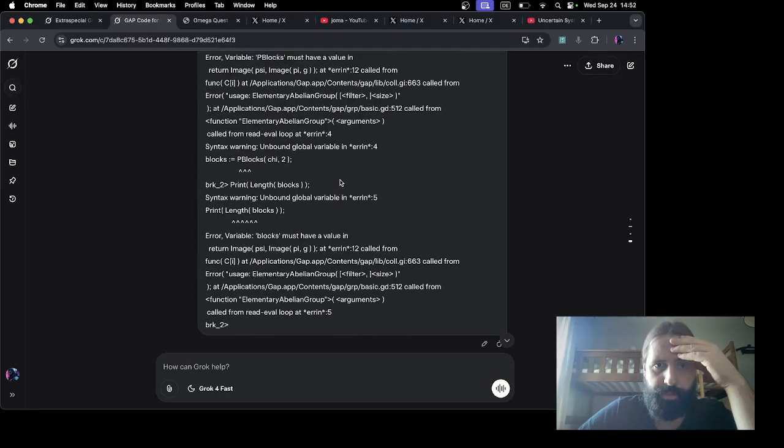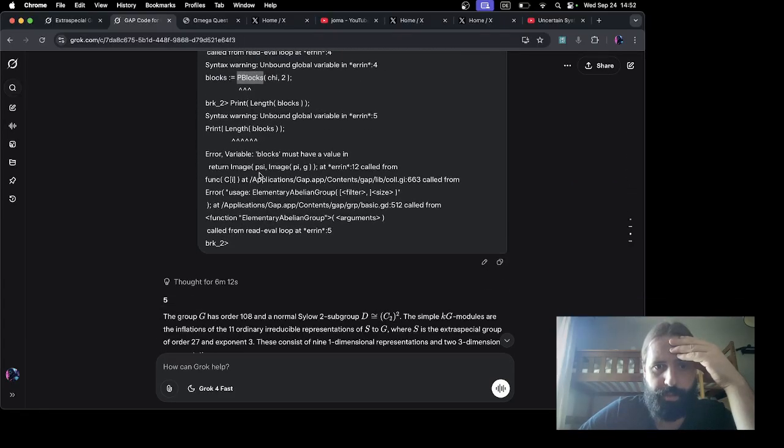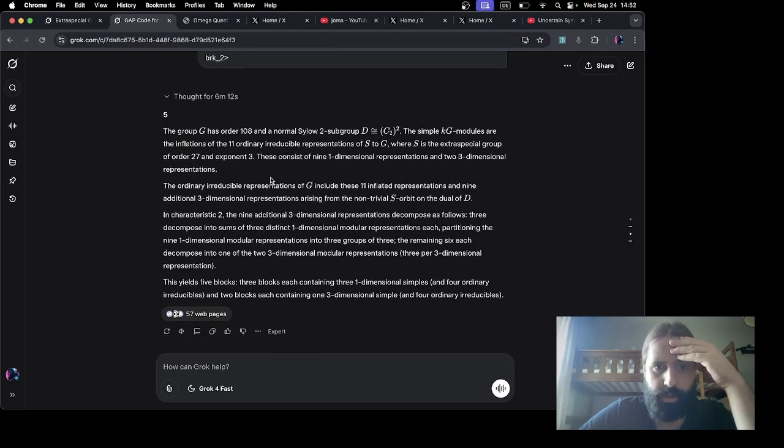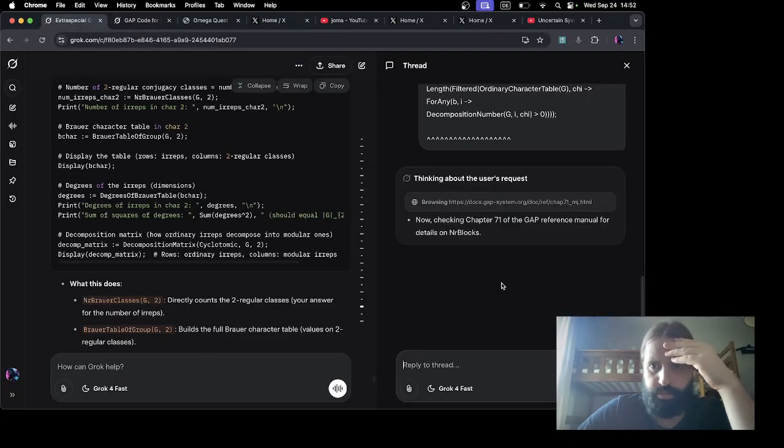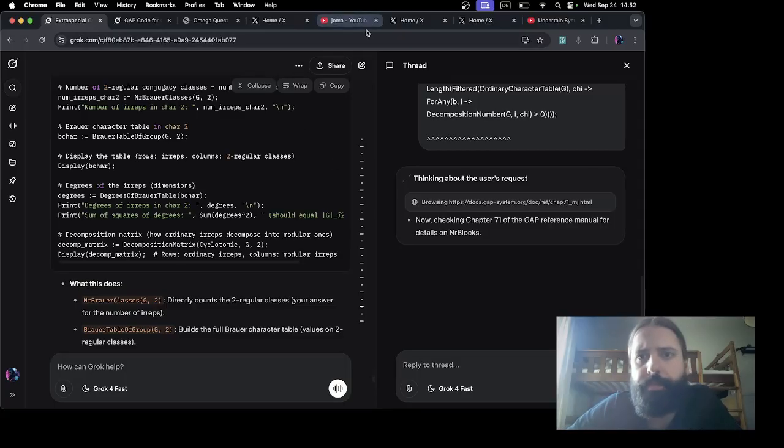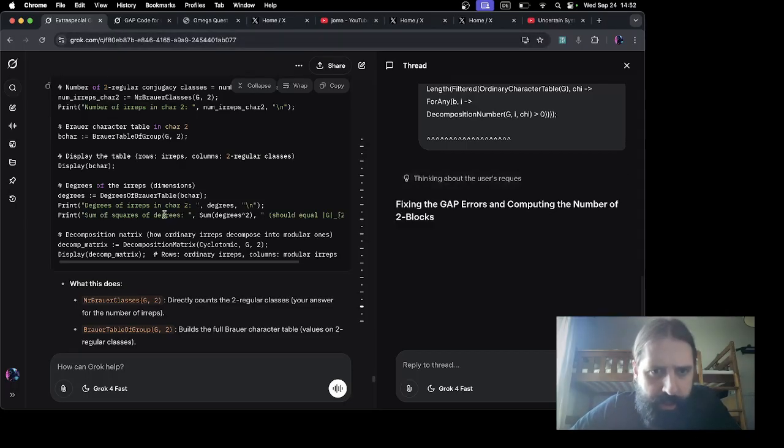What did it use here? PBlocks, huh? Yeah, it used the function PBlocks. So it turned out that GAP was the tool. Let's see, maybe it figures it out. But I think that is it.